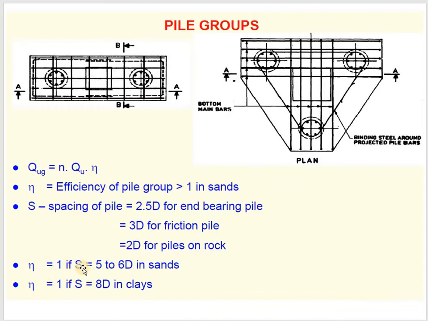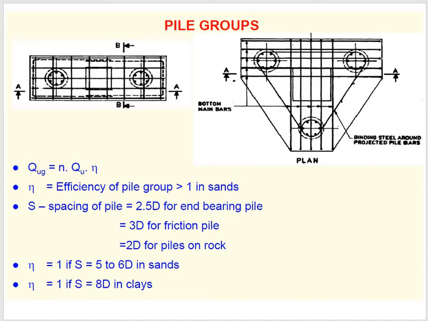And efficiency is equal to 1 if the spacing ranges from 5 to 6 D in case of sands, and efficiency is 1 if the spacing is 8 times D in case of clays. So this is a general expression. If you are asked to find the group capacity of piles in cohesionless soil, just find the individual capacity, then multiply it by the number of piles, and you will get the group capacity.